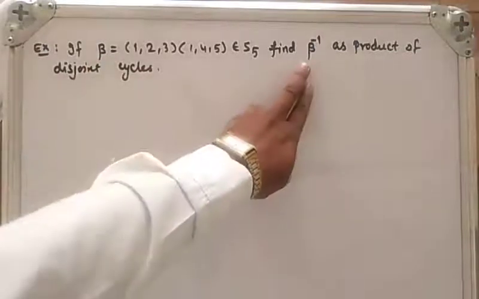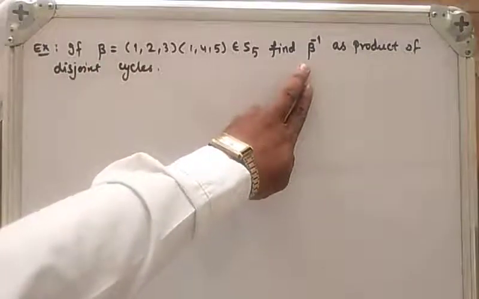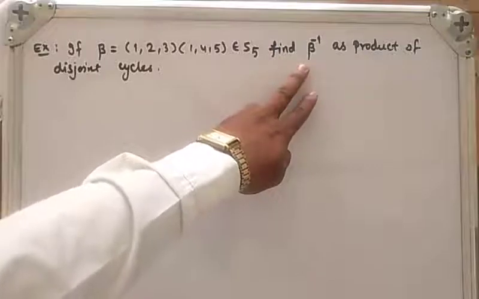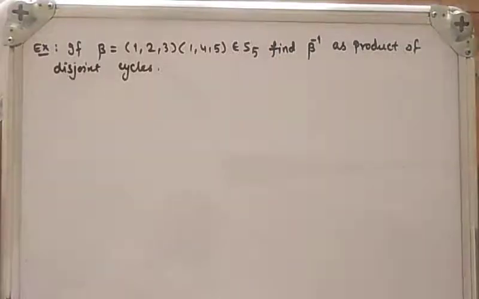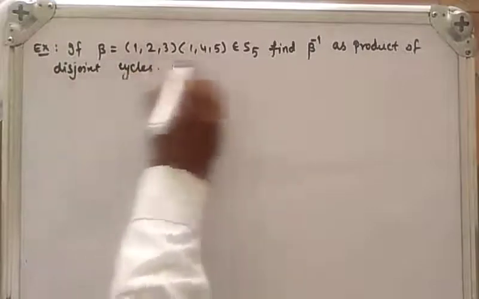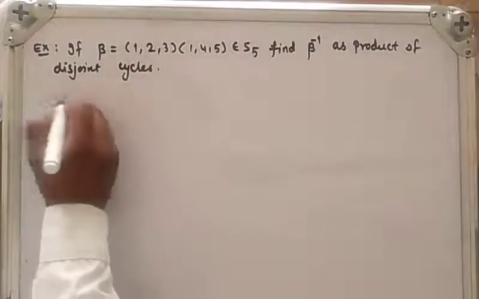We know that beta is a permutation, and by the definition of permutation, it is a one-one and onto mapping from the first n natural numbers. One-one and onto means beta inverse will exist. So let us find it. First find the product of these two cycles.